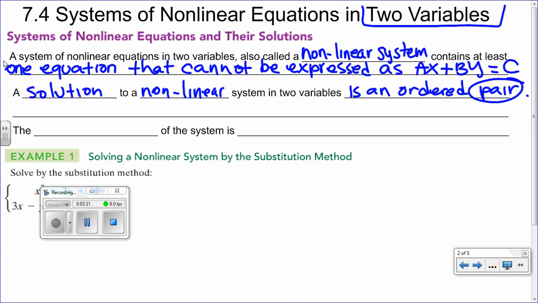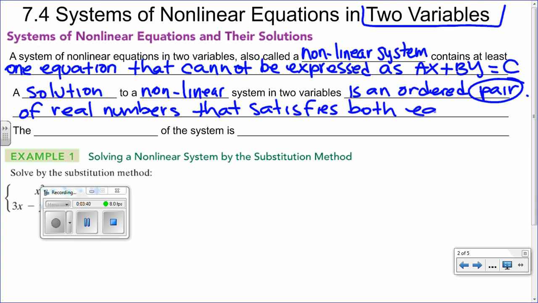So it's an ordered pair of real numbers that satisfies both equations. For an ordered pair to be a solution of the system, it has to give you a true statement for both equations, or three equations, as many as you have, when you substitute the numbers.